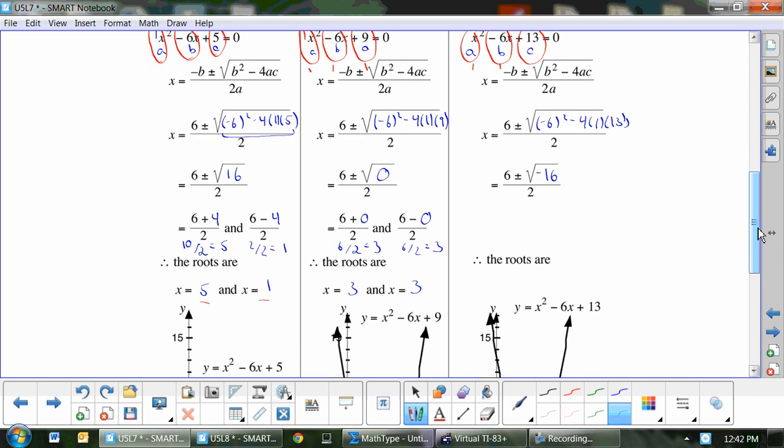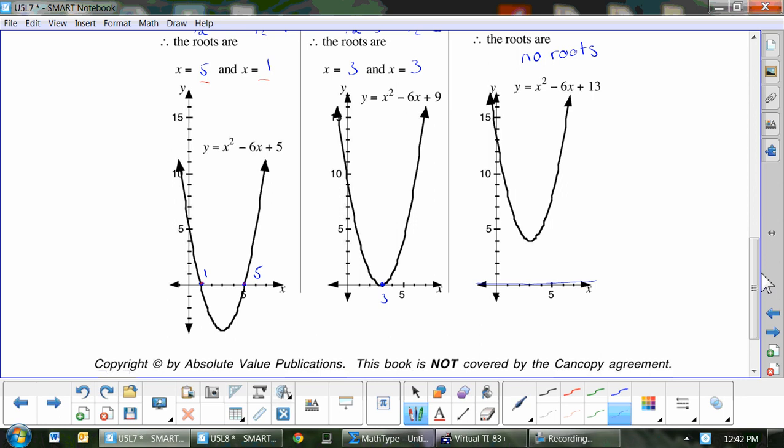And so we can't take the square root of a negative number here, right? We've known that for years and years. And so we know that there are no roots. And so if we look at the graph, it might look something like this, or like this. It's not going to touch that x-axis at all.